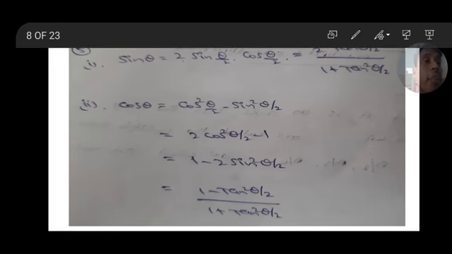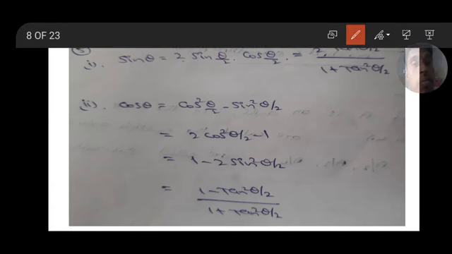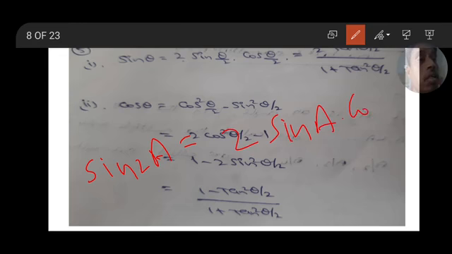Next, theta by 2 formulas. Sin theta equal to 2 sin theta by 2 into cos theta by 2. We have the formula sin 2a equal to 2 sin a cos a. In this, substitute 2a equal to theta.